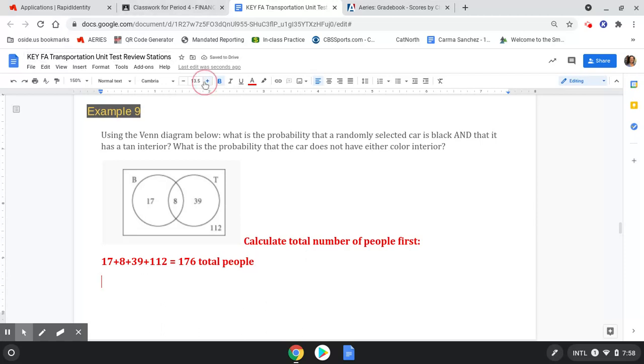We can say probability the car is black and it has a tan interior. And so we're going to say probability black and tan interior. And so that's going to be 8 out of 176. Now you're going to divide that. 8 divided by 176 is 0.045. And that means that it's a 4.5%. Remember, we're just moving the decimal twice.